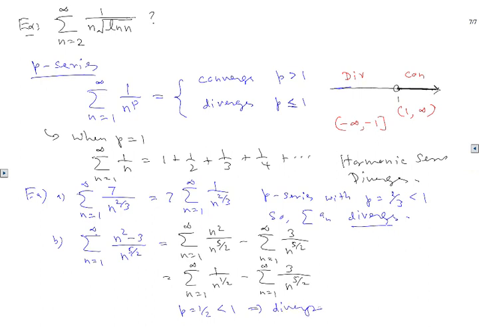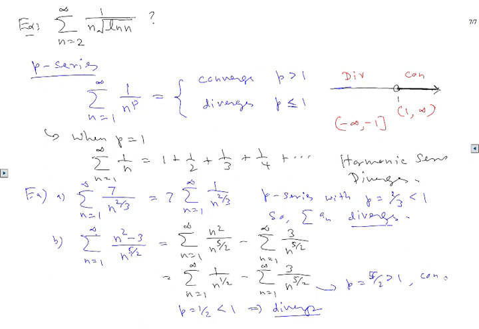So this one diverges. But what about the other one? For this one, p equals 5/2, which is greater than 1, so it converges. If one diverges and the other converges, the whole series diverges. If both converge, they converge. If both diverge, we don't know, anything can happen.